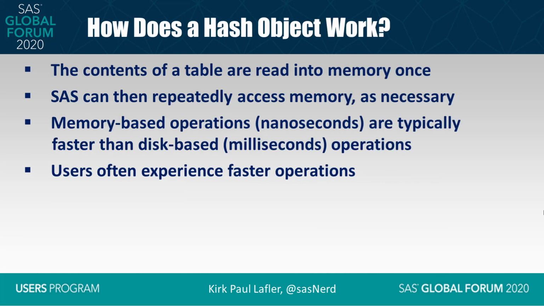How does a hash object work? The contents of a table are read into memory once. SAS can then repeatedly access the memory as often as it needs. Assuming that memory-based operations are nanosecond speeds, they're typically faster than disk-based operations, which are millisecond speeds.